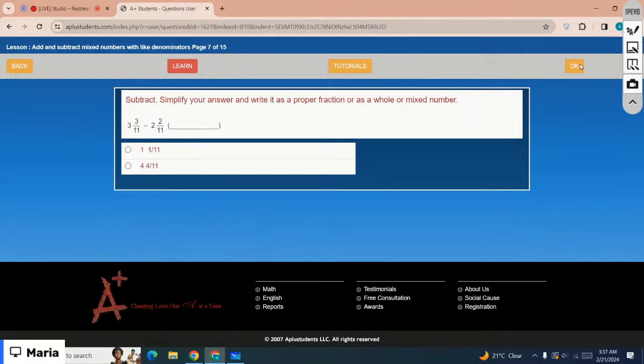The next one is 3 whole 3 over 11 minus 2 whole 2 over 11. Which is the correct option?